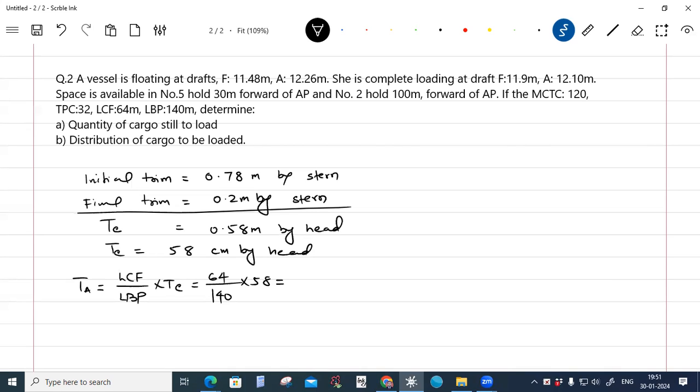Everything is in centimeter. So trim forward is 58 minus 26.51, 31.49. 49 लेना पड़ेगा, अभी तो दोनों का सम जो है 58 आएगा सेंटीमीटर. Clear?